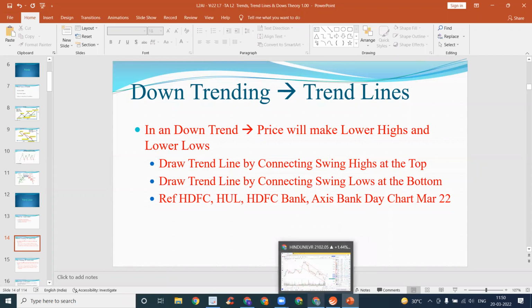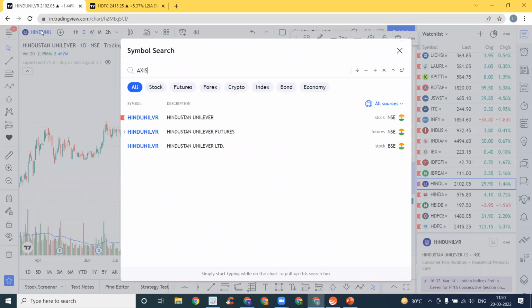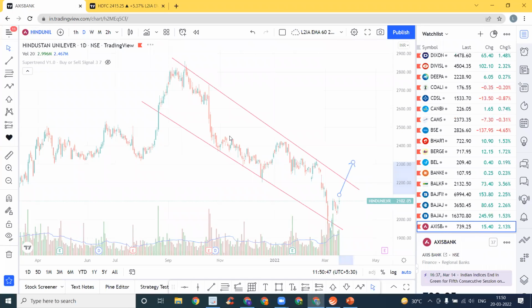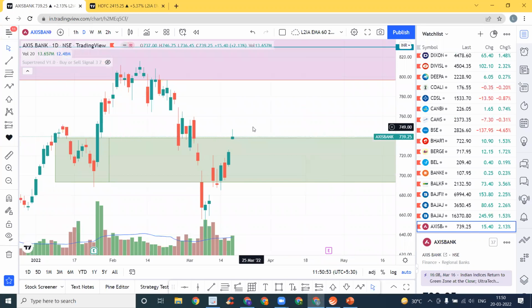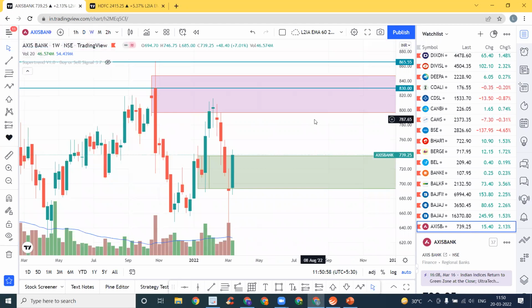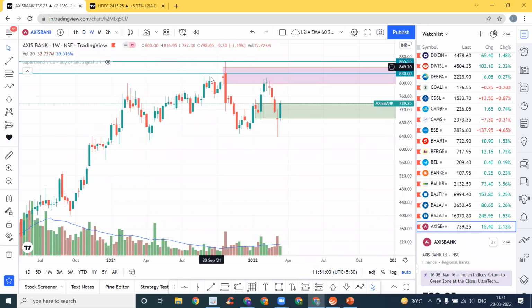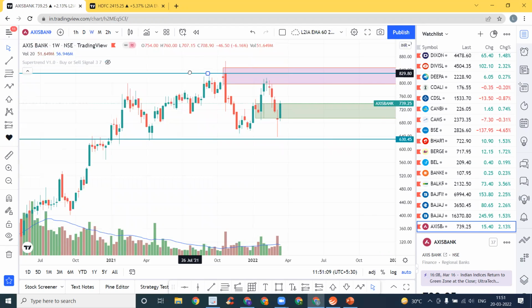Axis Bank. Now this Axis Bank, if you see the range, it is moving in this range continuously. So this is a movement in a range.